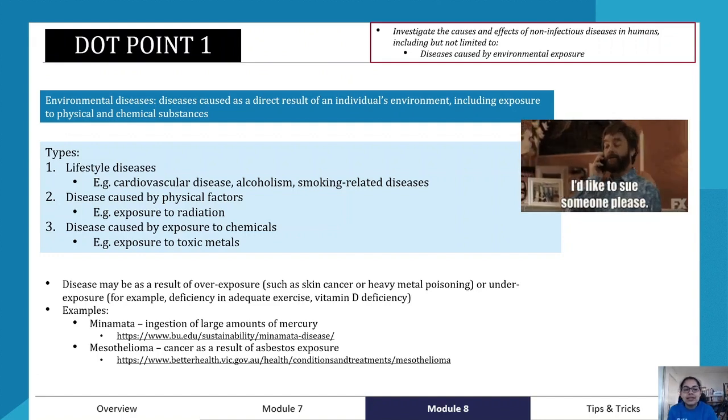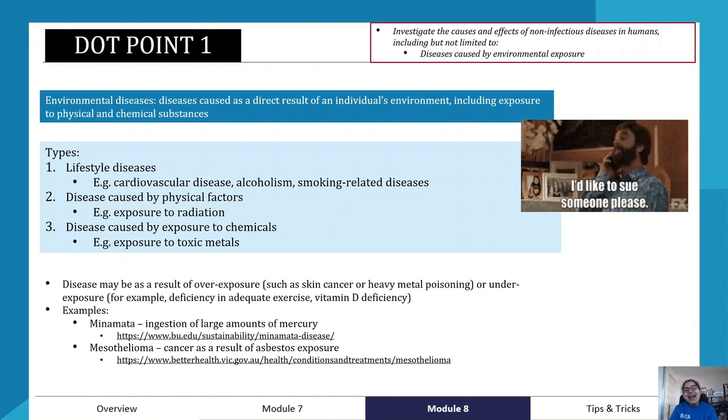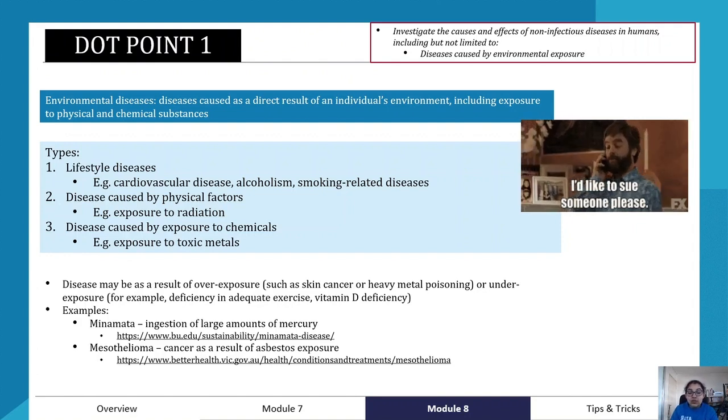Now let's have a look at diseases that are caused by environmental exposure. So environmental diseases, as the name suggests, are caused as a direct result of an individual's environment. That can include exposure to chemical or physical substances. So lifestyle diseases are those caused by lifestyle behaviors and choices.